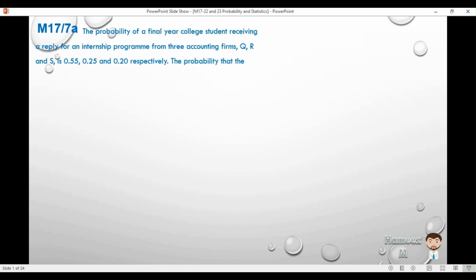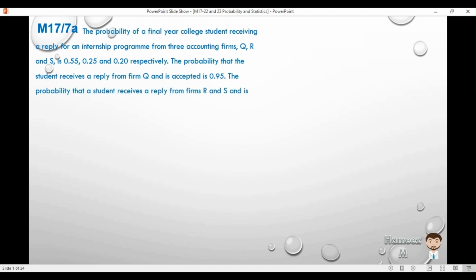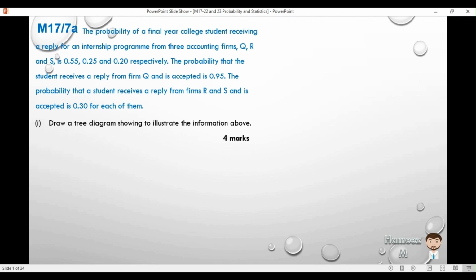The probability that the student receives a reply from firm Q and is accepted is 0.95. The probability that a student receives a reply from firms R and S and is accepted is 0.30 for each of them. Draw a tree diagram to illustrate the information above.